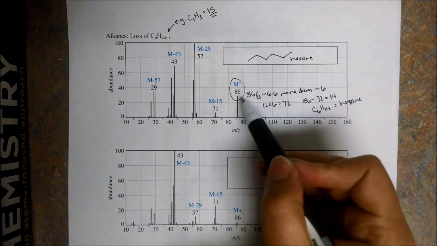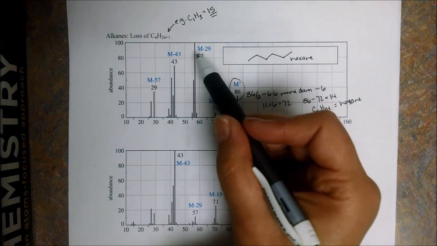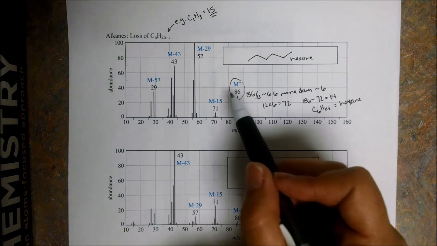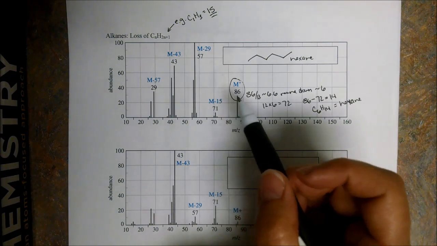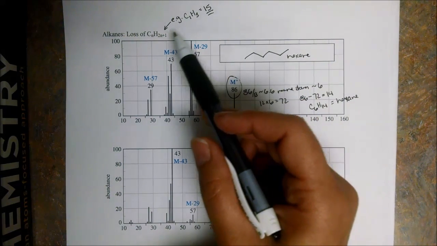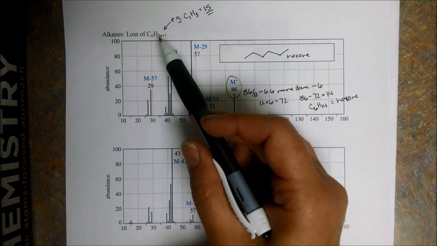Okay, so here we've lost 15 mass units, here we've lost 29, 43, and 57. Notice how they go around a loss of 15, but like 29 here, then here we've lost 2 carbons, because if we use the same formula, CnH2n plus 1, so that would be how many hydrogens?